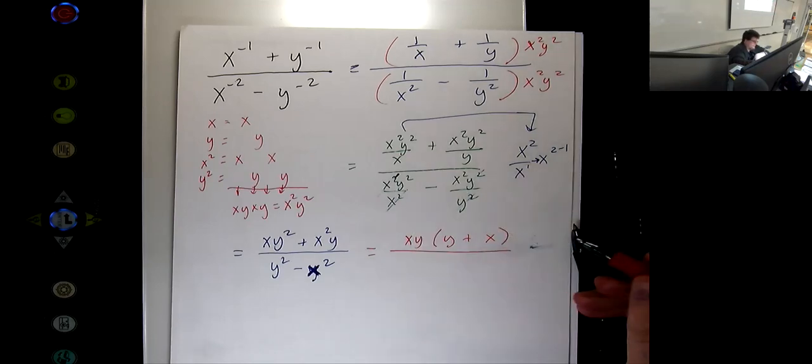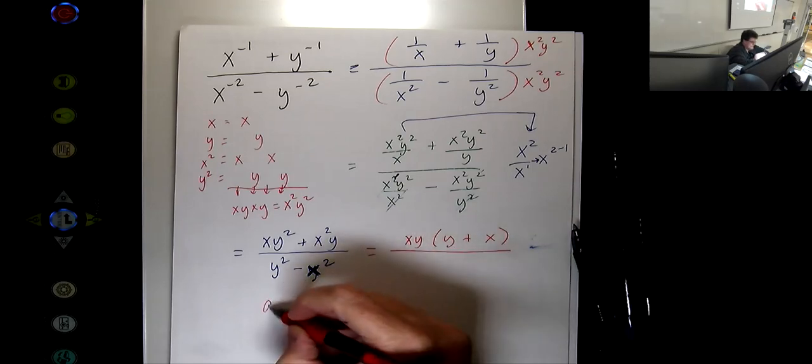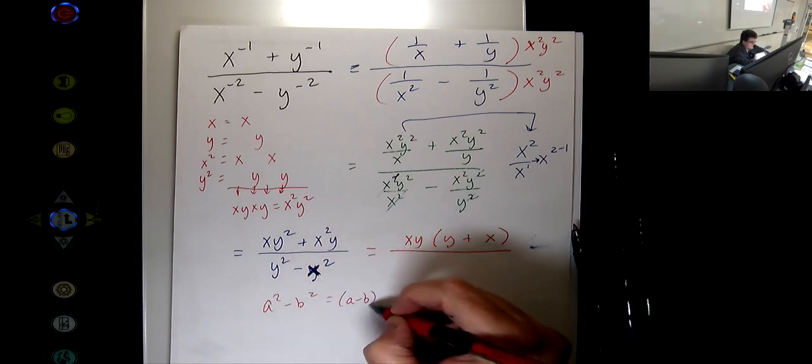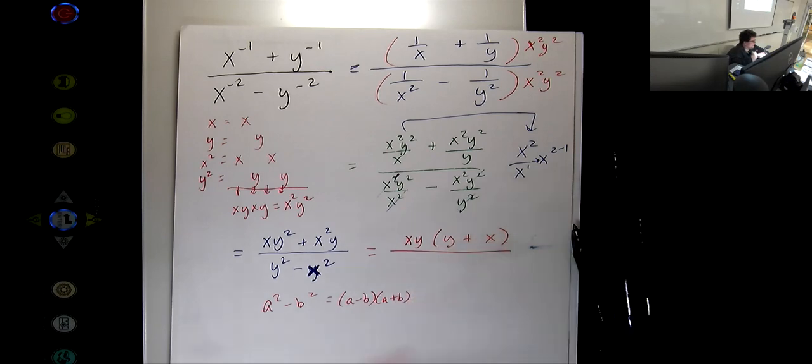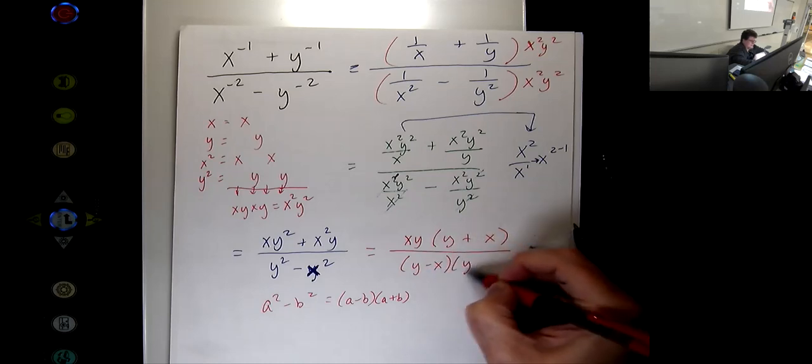Does the bottom factor? Yes or no? Remember we did the a squared minus b squared? I can do this as y minus x times y plus x.